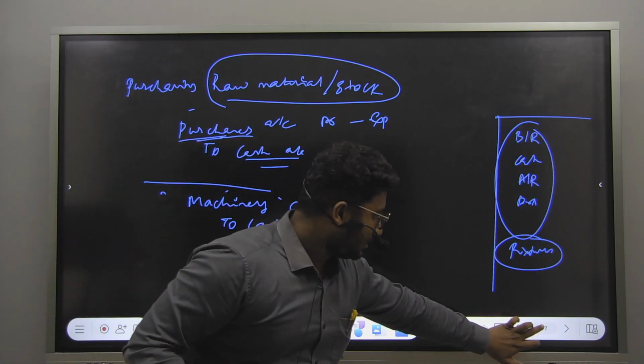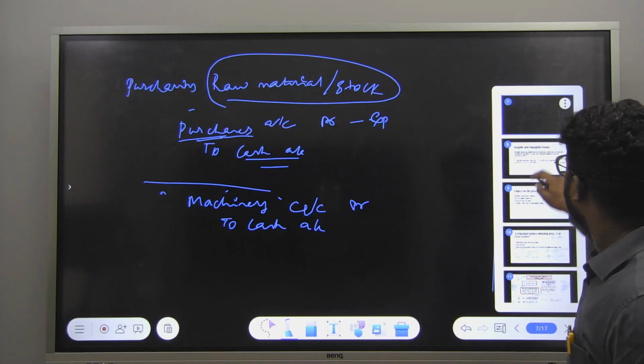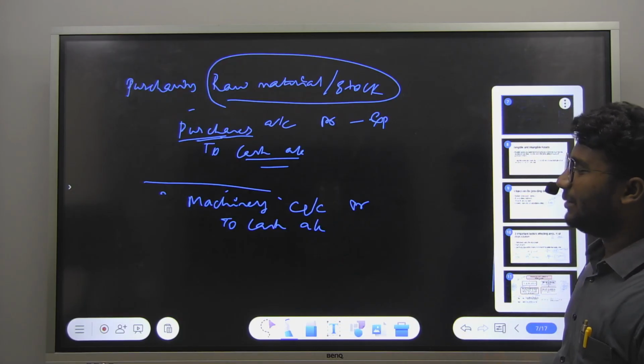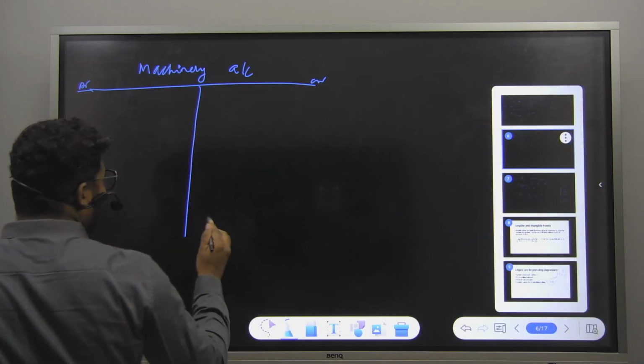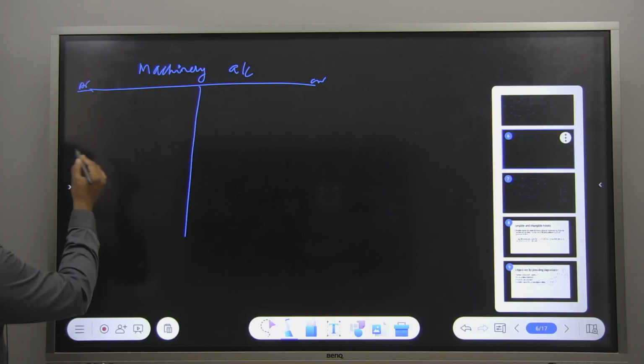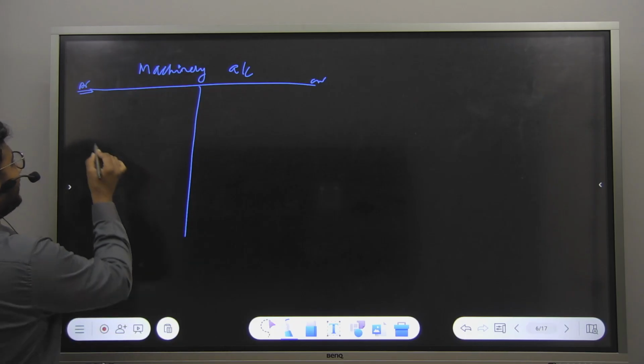Okay, I think, is it clear now? Yes, sir. Okay. So the entry is machinery account debit to cash or bank account. So now machinery account debit to bank account. Here what entry do you write?